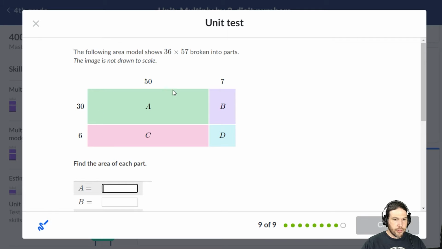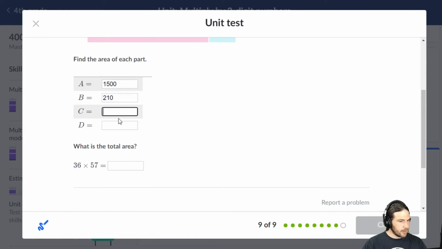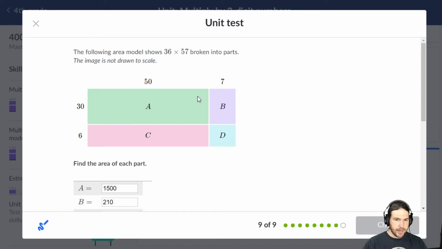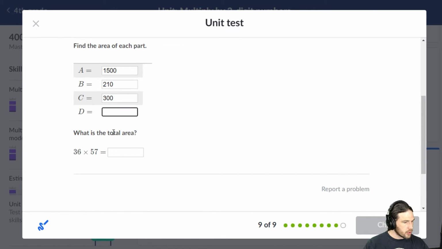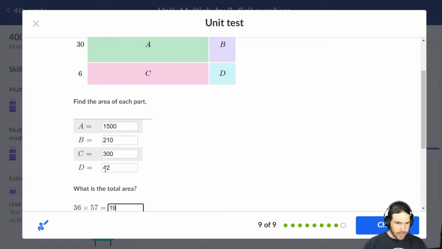Well, 30 times 50 is 1,500. 7 times 30 is 210. 6 times 50 is 300. And 6 times 7 is 42. Add them all up. I got 1952.